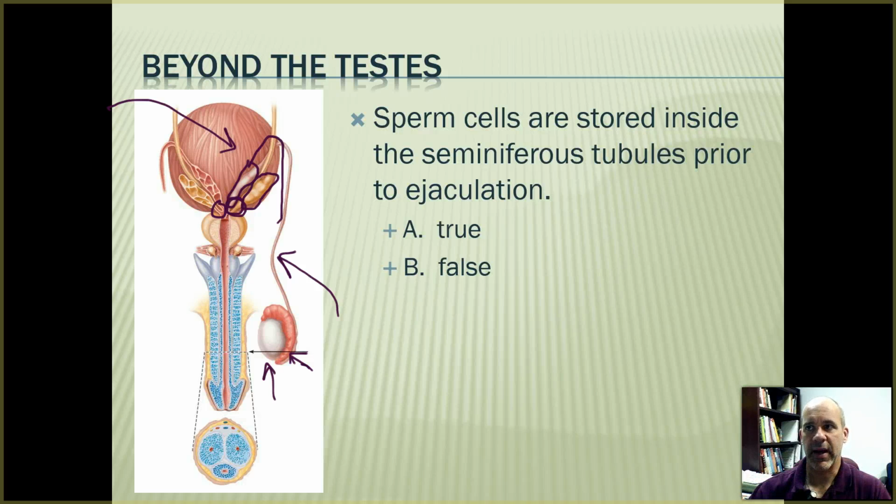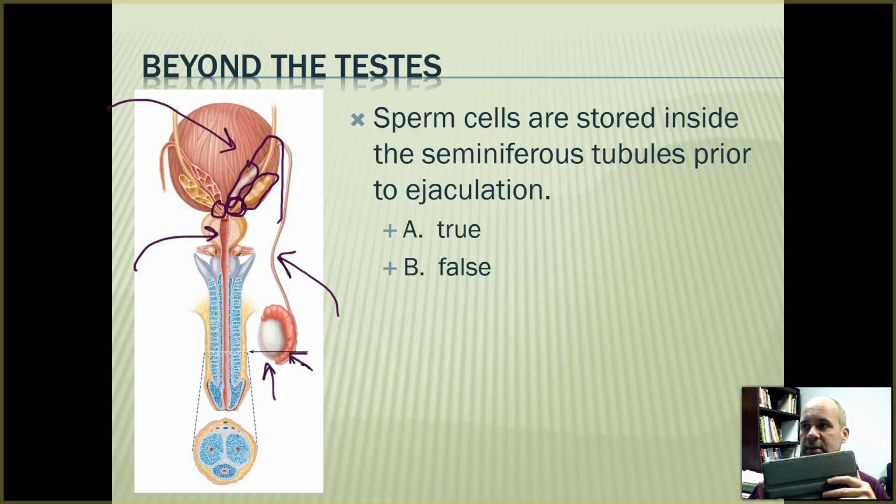So sperm combines with the fluids from the seminal vesicles, and those two things are combined and released during ejaculation. And as ejaculation takes place, that fluid enters the urethra, the prostatic urethra, where it's passing through the prostate, and there are lots of little pores in the wall of the urethra there that allow fluids made by the prostate to also combine with the semen.